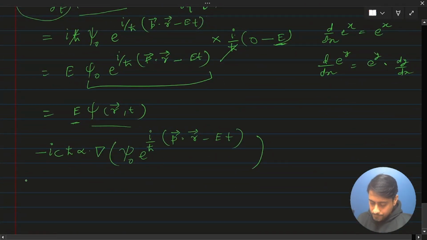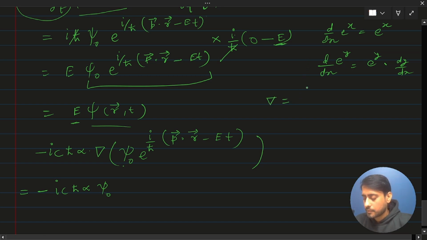The constant psi naught will be on the left hand side, so minus i c h bar and then alpha, then this psi naught. Now the derivative of this with respect to this del. So what is this del? Del is this nabla.